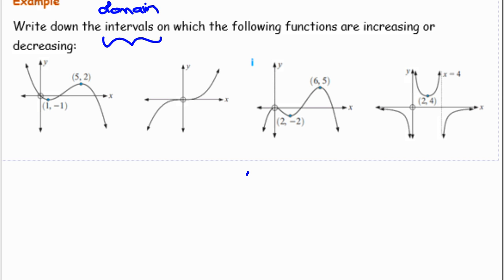It means as you go from left to right. So it's increasing from here to here. They're asking over what domain it is increasing. For increasing there's only one answer, this yellow one, but for decreasing there's two answers, two parts.